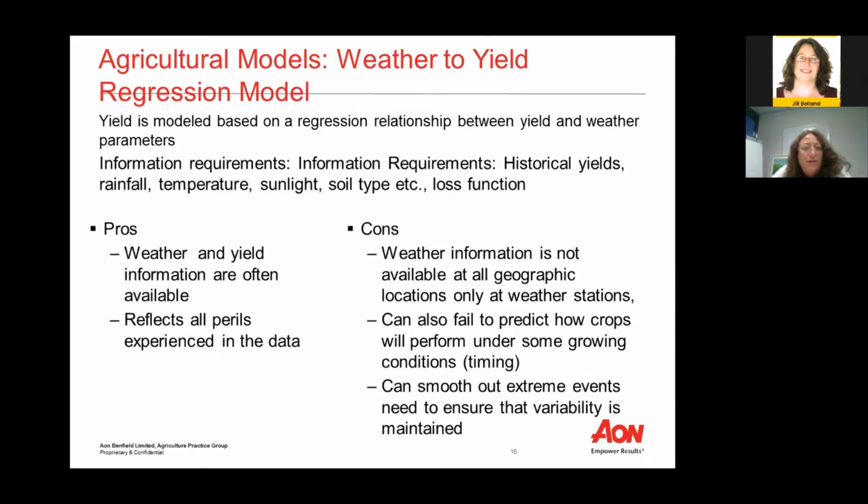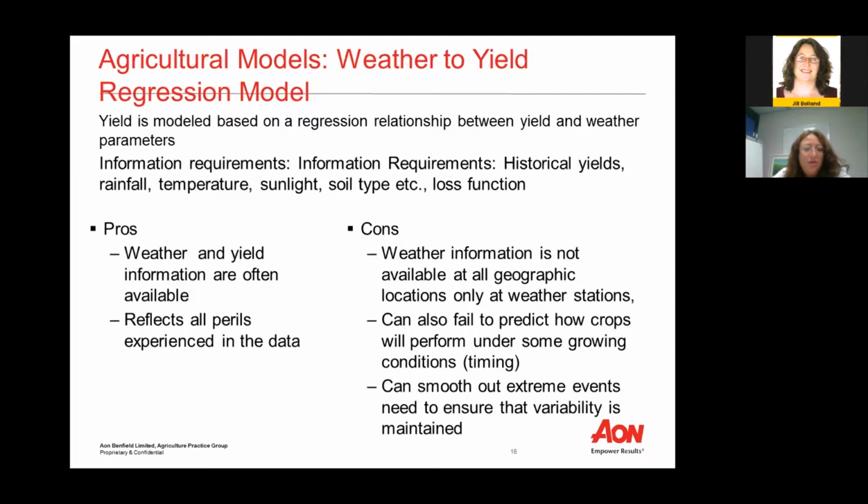The third one is a weather to yield regression model. So this basically says you take all your weather information, you take your yield information, and you try to fit a curve through that, based on the rainfall, temperature, amount of sunlight, that sort of stuff.